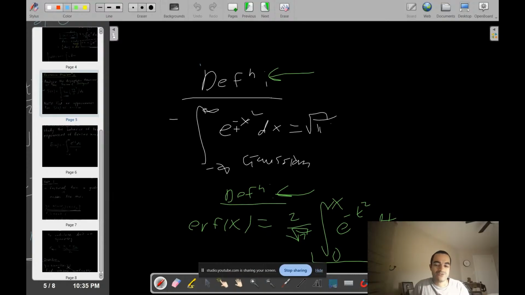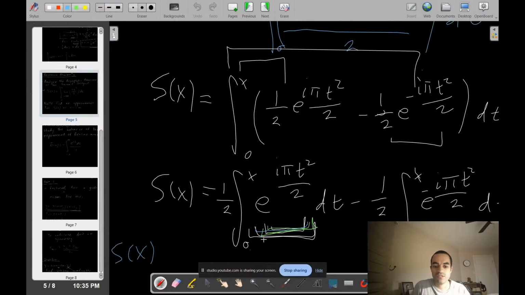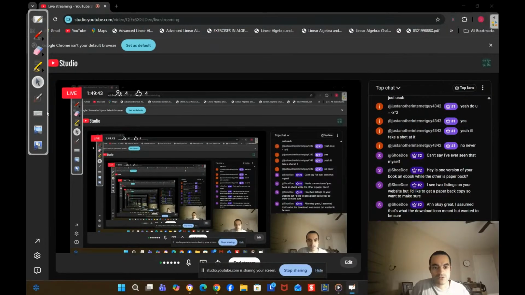The error function has to be written in e to the negative x squared, or t squared, doesn't matter, e to the negative something squared power. So for the first integral, we don't have a way that we can use a representation to solve it. You guys following? We don't have a way to solve it by standard definition right away.